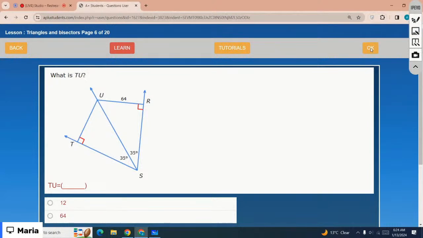Okay, what is TU? Which is the correct option? The correct option is yes, TU is also 64.